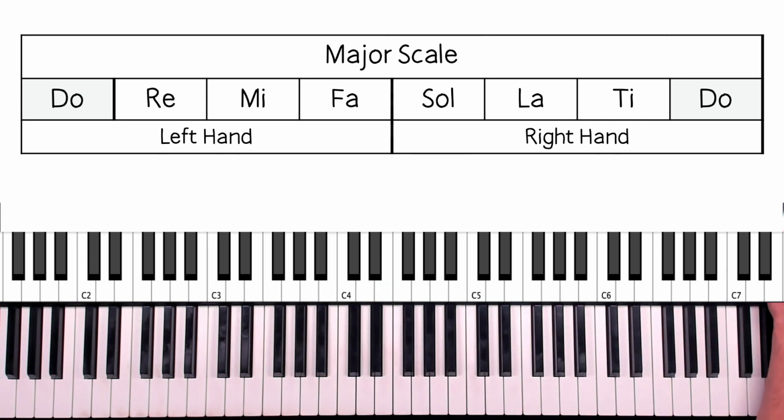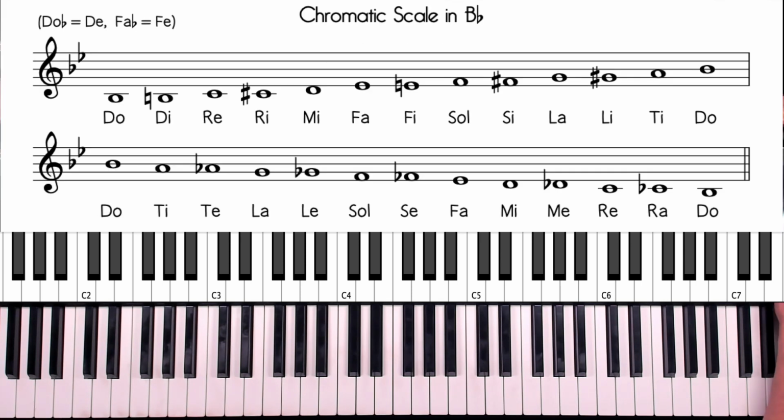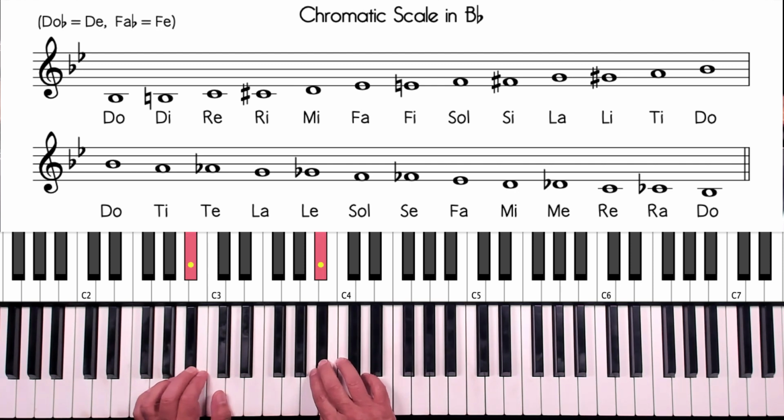Yeah, so I wanted to start with those first. Next one, quickly. A chromatic scale in B flat, because then we're gonna do chromatic approaches and this is way more difficult. So here we go.